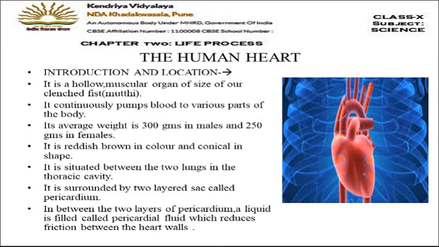The function of this liquid is to reduce the friction between the walls of the heart. It prevents the heart from friction with the other internal organs also. So this is the general information about the human heart.